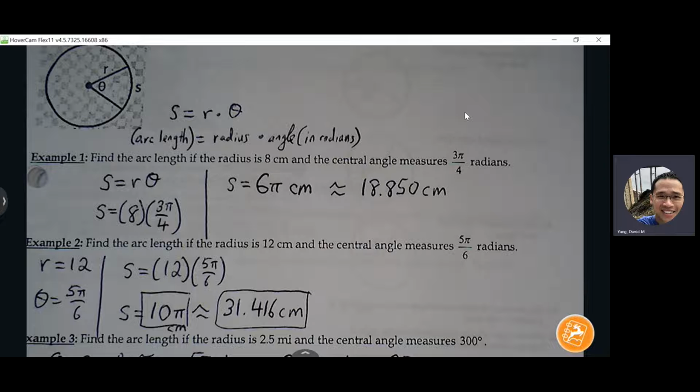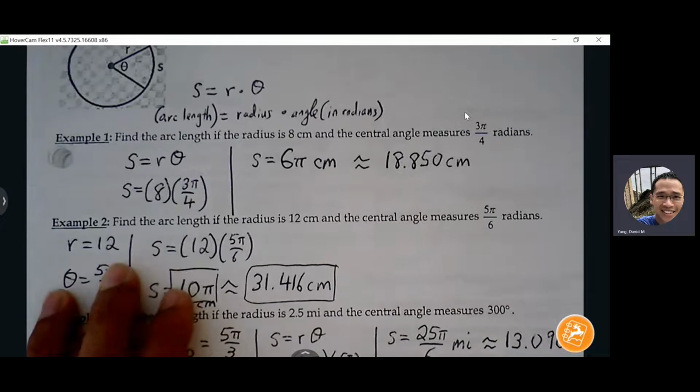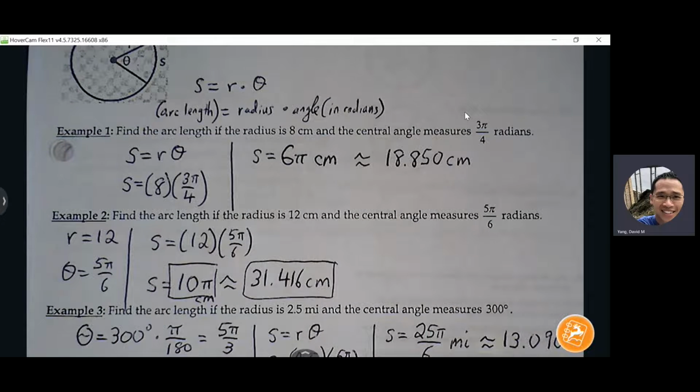Okay. So we talked about examples 1 and 2, which were pretty straightforward because everything is given to you. We just put it into the formula. Radius is 8 centimeters, so 8 will go in for R. Theta is 4 radians. That's the total radians. So we insert that into the formula, and we get 6 pi, which is the exact value.